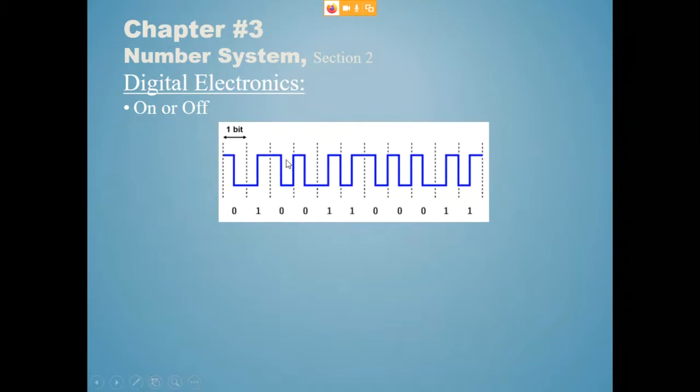This is just an example of a transmission. If we were transmitting between 2 PLCs or a PLC and a PC, we're going to send that data as a bunch of zeros and ones.